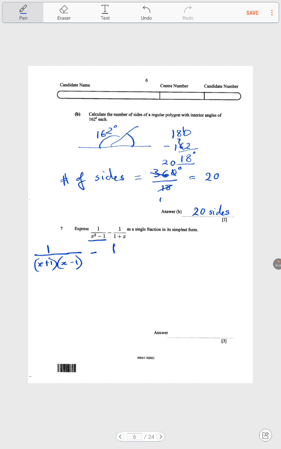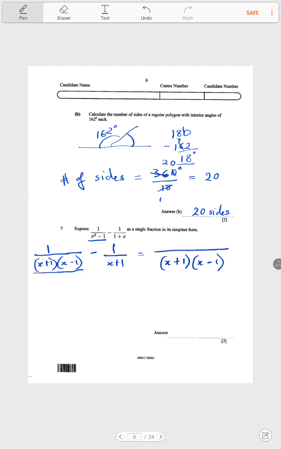And this one you can rewrite it like this. You can just start by writing x because it's the same, both of them are positive. And then the next stage you are going to find the common denominator. So the common denominator here is going to be the difference of 2 squares, which is x plus 1, x minus 1.